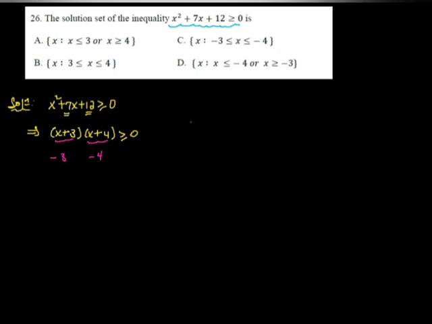So we put these numbers on a number line, minus 4 and minus 3.